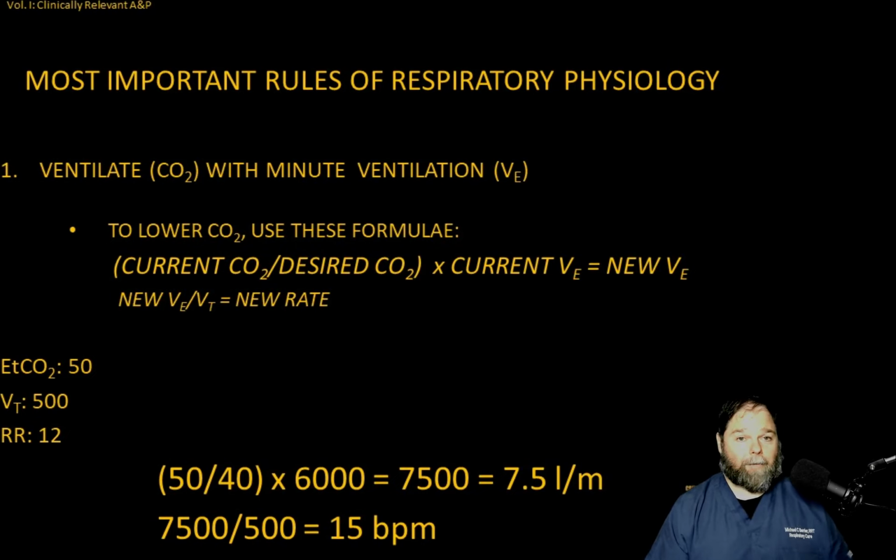You divide 7,500 by 500, and that gives you a new respiratory rate of 15 breaths per minute, which should, over the span of a minute or so, bring our CO2 from 50 down to 40. So you don't really have to guess at this. You can have a really, really solid ballpark calculation of what our minute ventilation needs to be to give us the CO2 that we want.